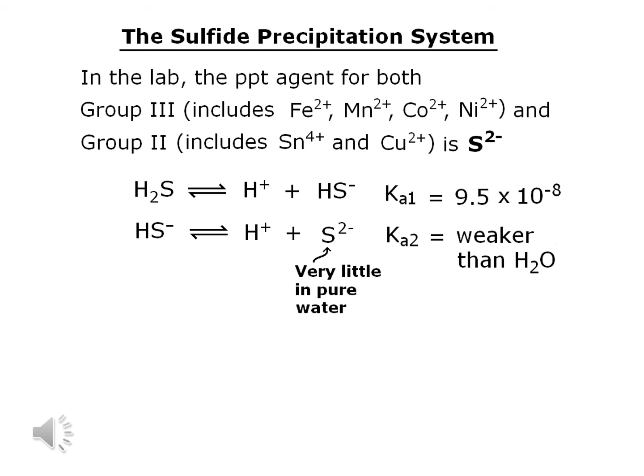If you look at how much S2 minus there would be in pure water, it would be very, very little, because the Ka2 is weaker than water, and the S2 minus would be equal to that number. Whatever it is, we can't calculate it because it's weaker than water, so nobody knows for sure what it is.